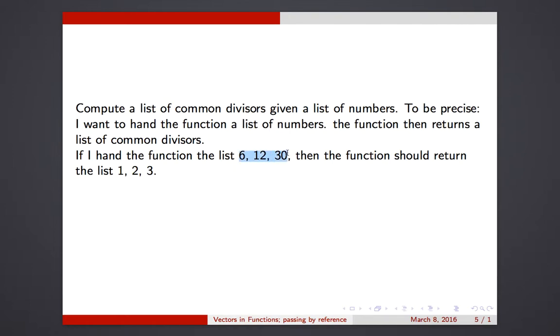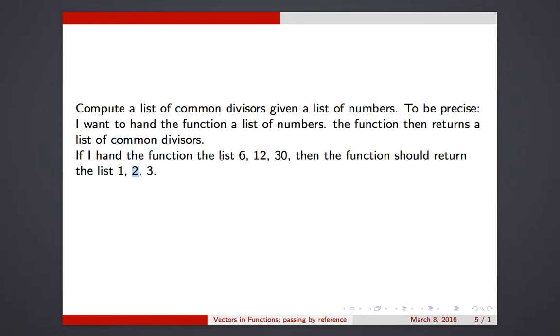Suppose I hand the function this list. What I want the function to do is give me back all of the numbers that are divisors of all of these numbers here. So notice 1 is a divisor of 6, 12, and 30. So I want 1 to be included in what I get back.